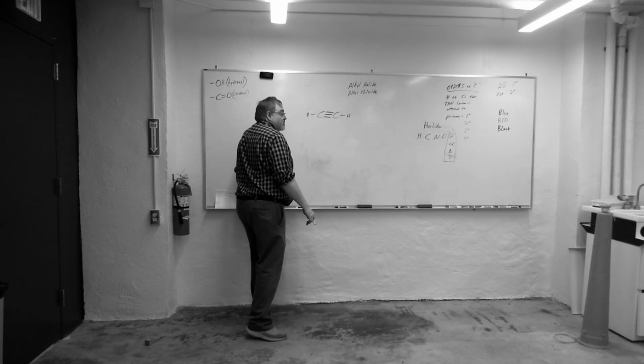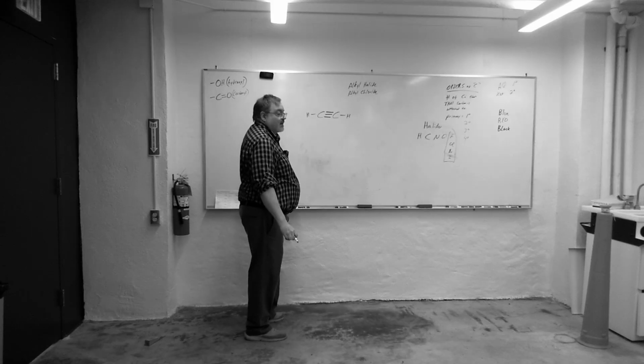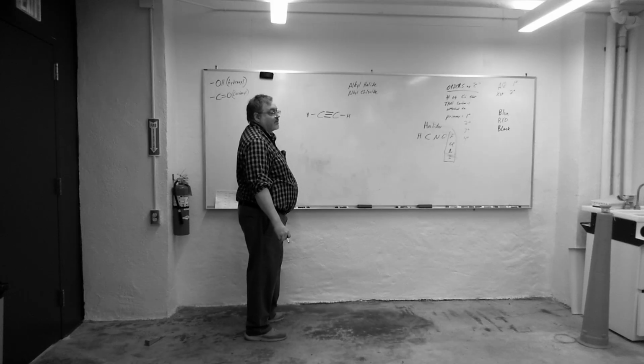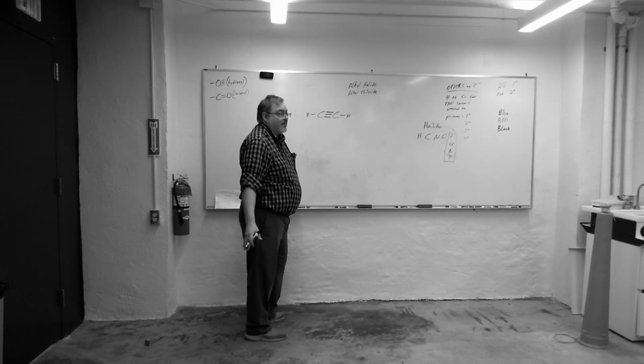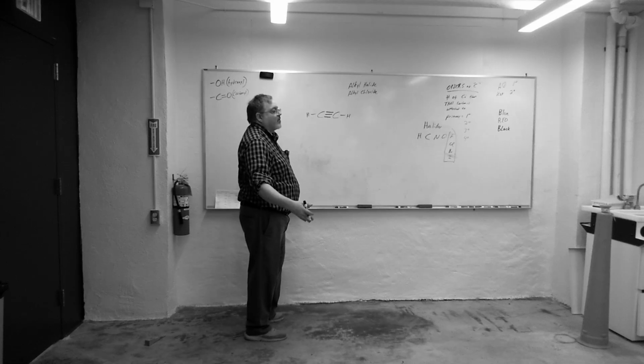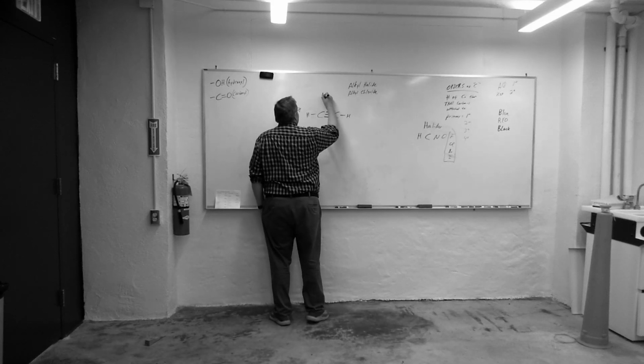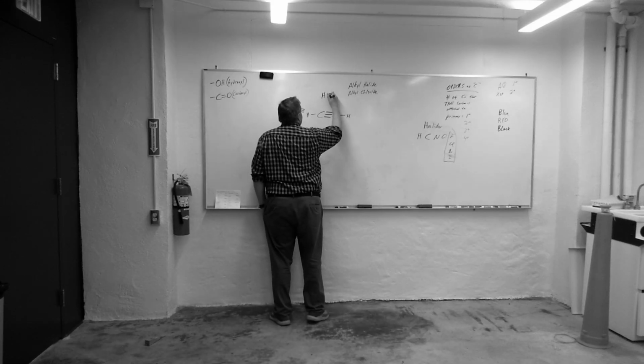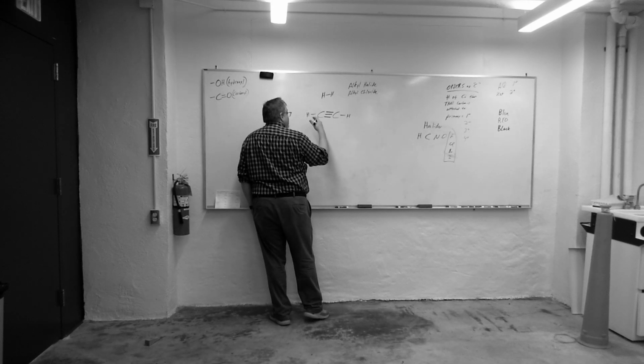If there's double or triple bonds, we say that hydrocarbon is unsaturated because it's not saturated with all the atoms it can have on it. So that's an unsaturated hydrocarbon. I could take an H2 molecule and react it on here, and this happens very readily.